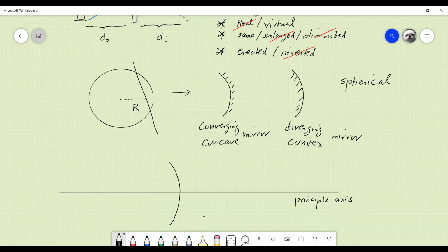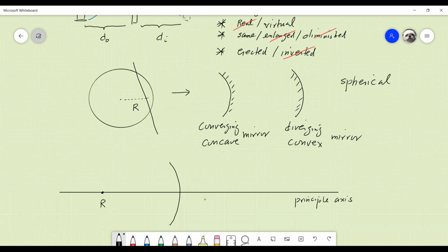That's just the line that bisects the mirror. Now, remember that this mirror corresponds to a radius, right? Can anyone tell me why this mirror has a radius? Remember how we get this piece, how we get this mirror?